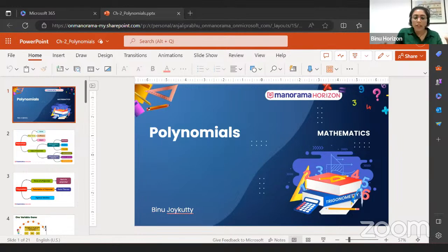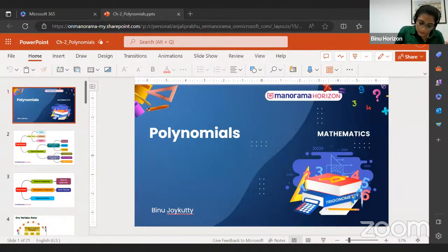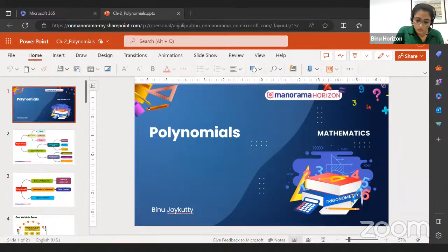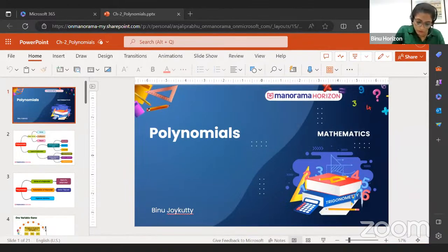Now coming to quadratic polynomial, it's of degree 2. So what are the... you can see only the first page, maybe due to some network issue. Can others see? Can you all see the screen? No? Okay, let me check.